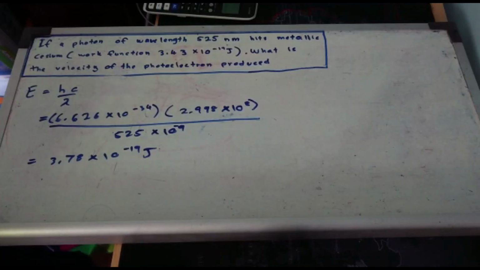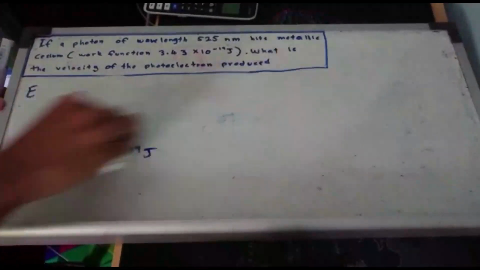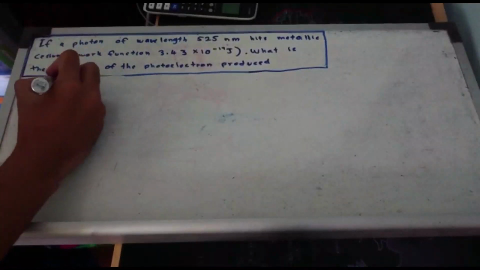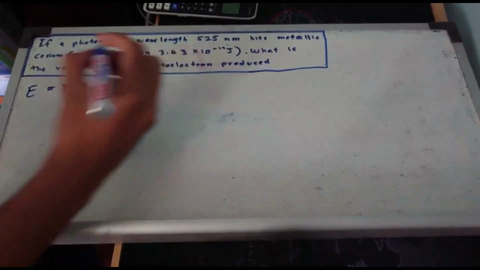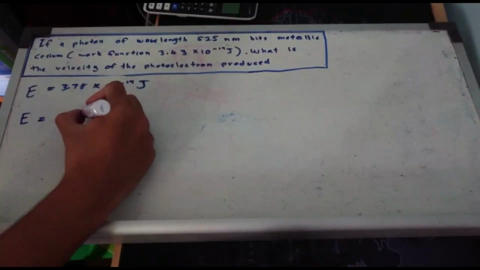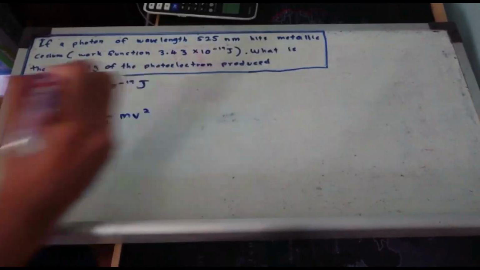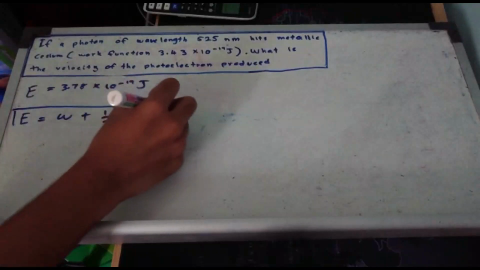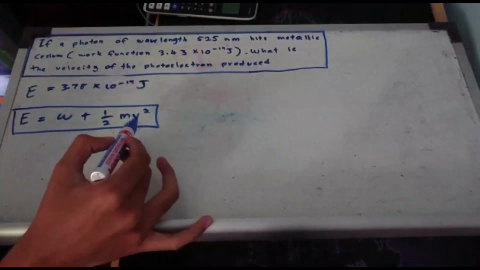The question asks for the velocity, so we need to take this value, E equal to 3.78 times 10 exponent -19 joule, into this formula: photon energy is equal to work function plus kinetic energy, to find the velocity of the photoelectron produced.